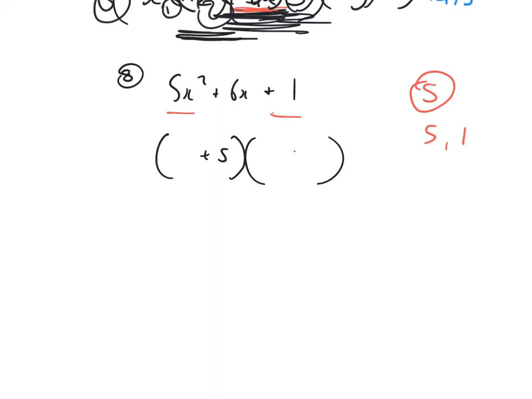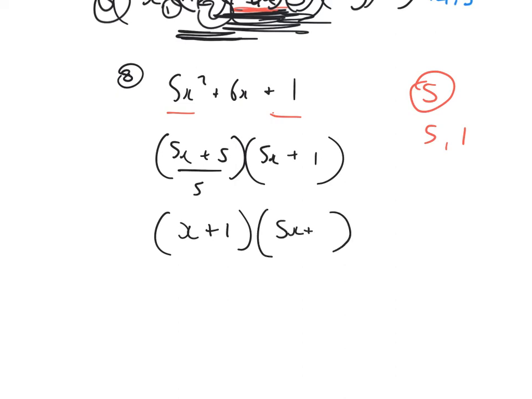Drop the 5x in there, the 5x in there. From 5x plus 5, I can take out a common factor of 5. 5 into 5x goes x, 5 into 5 goes 1. Second bracket, I can't factorise that further, so it's just 5x plus 1. Final answer: (x plus 1)(5x plus 1).